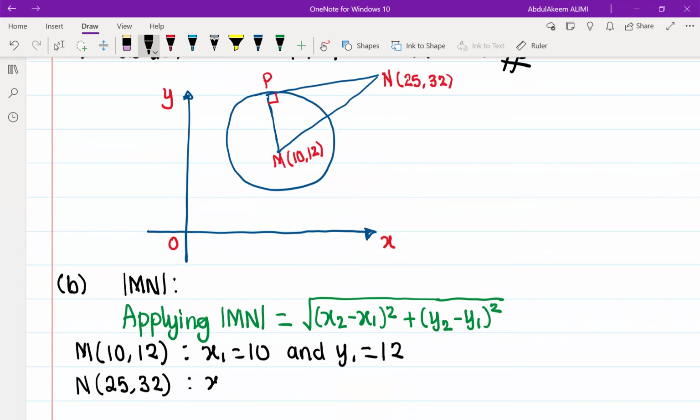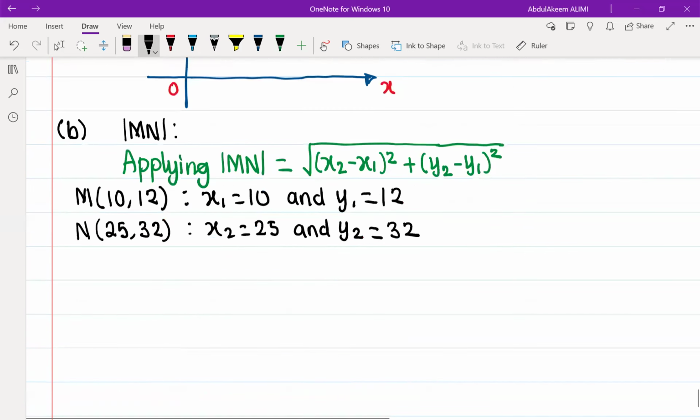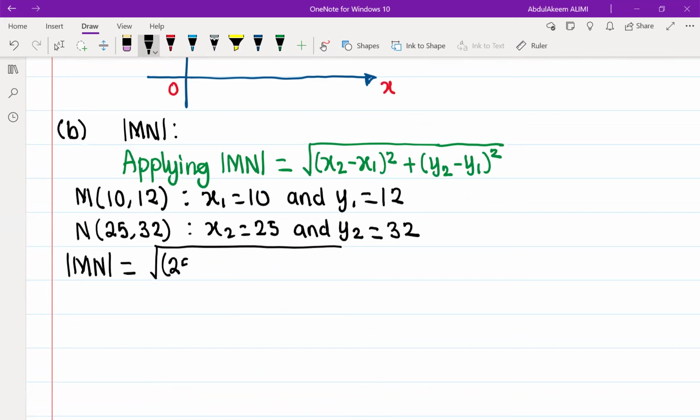My x2 here is equal to 25, and my y2 is equal to 32. So what do we do here now? We just apply the distance or the length between two points. That's MN equals the square root of (25 minus 10) all squared plus (32 minus 12) all squared.